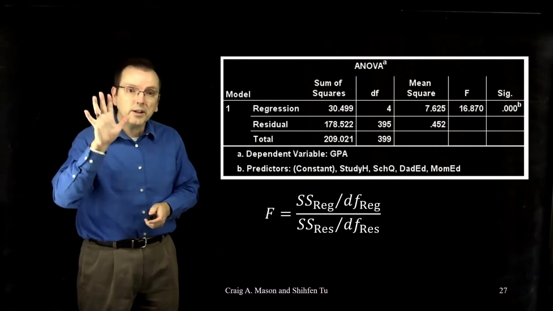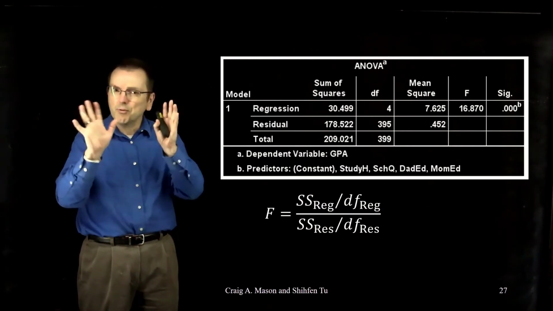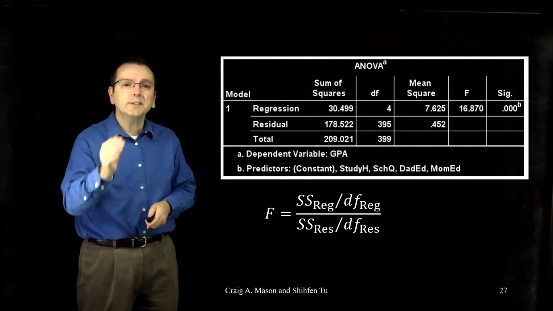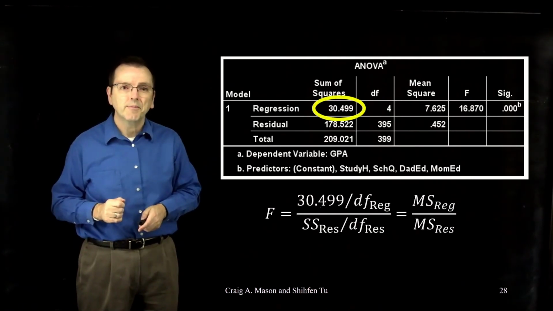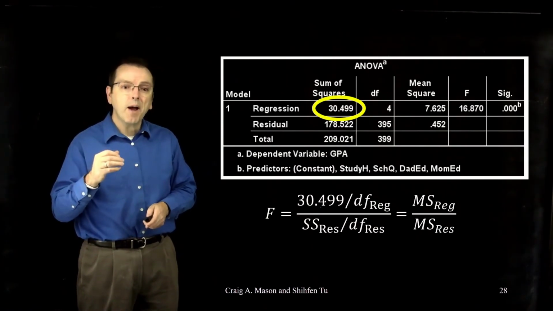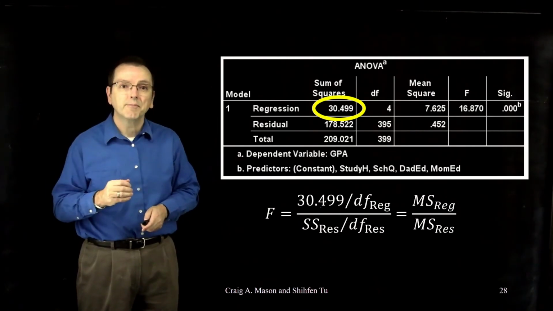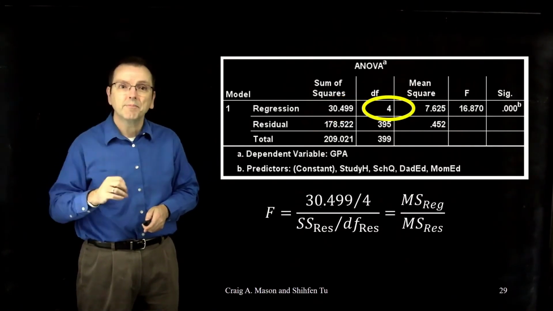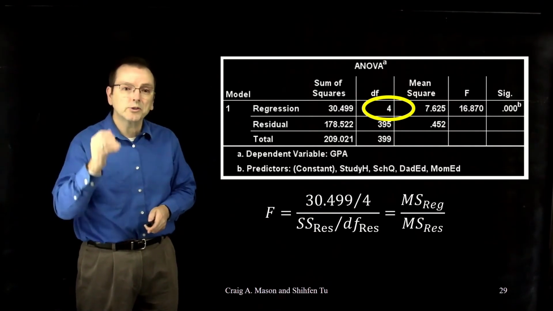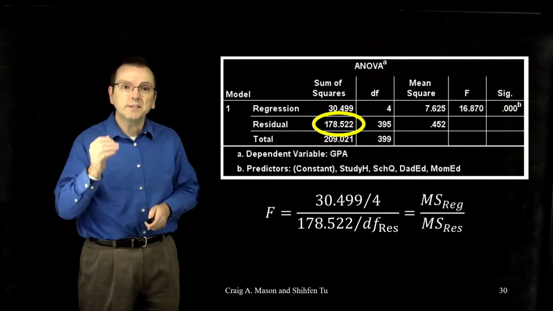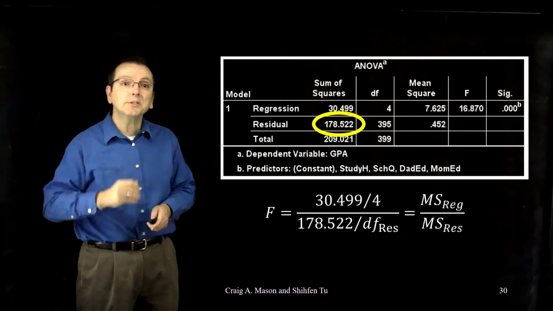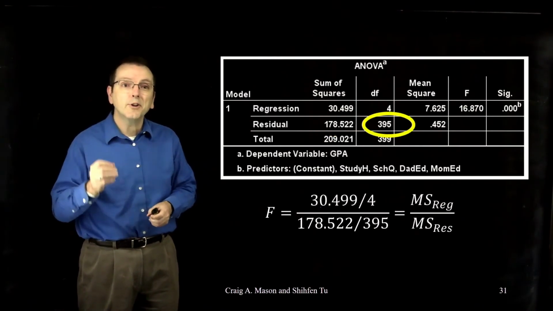So let's quickly check the calculations just for a little practice. Okay, here's our F formula. Let's start with the sum of squares regression. That's 30.499 divided by the degrees of freedom regression, which is 4. All of that is over our sum of squares residual, which is 178.522 divided by the degrees of freedom residual, or 395.